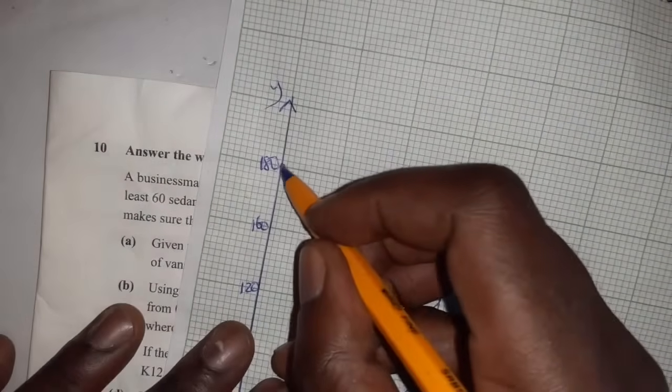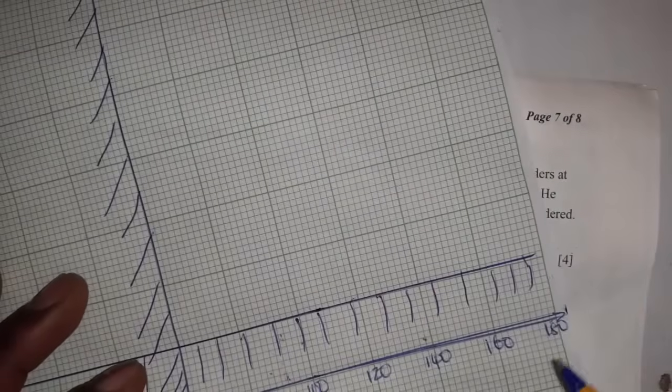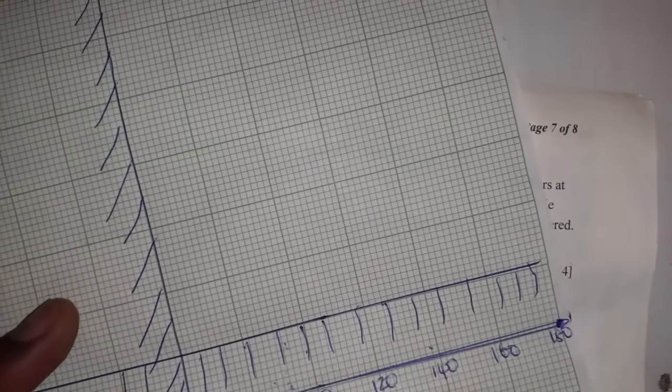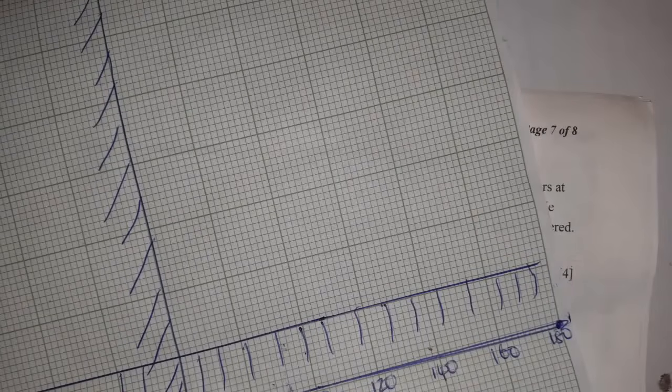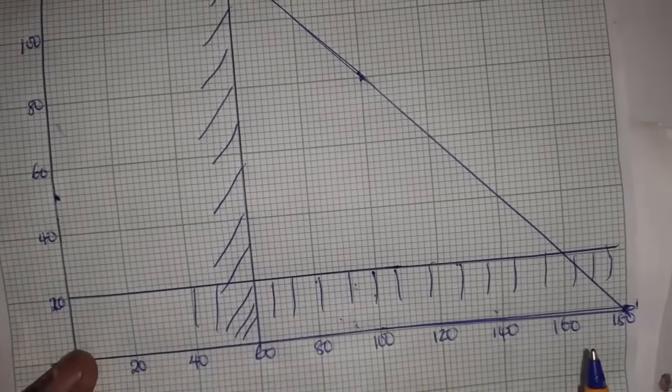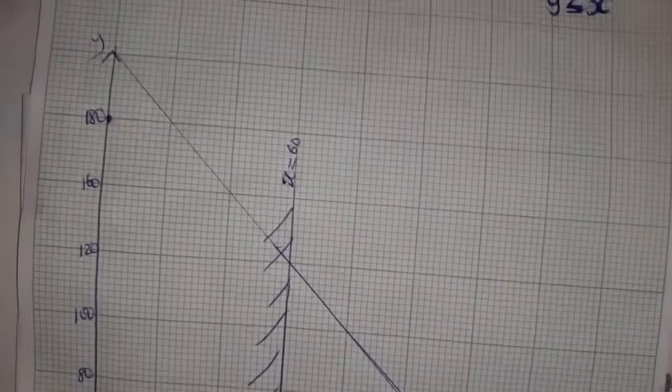So we have this point here which is 0, 180, and this one here which is 180, 0. So we need to join these. So let's join these 2 points. You need a ruler here which is longer than mine. So you draw this one. From there it goes up to there.